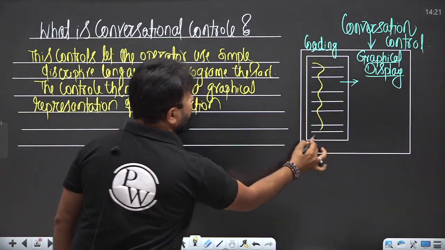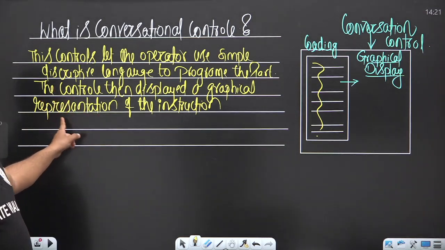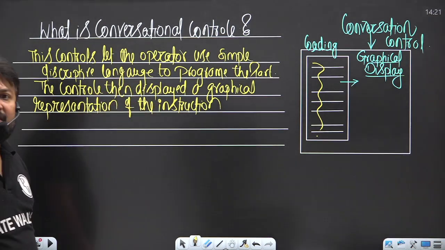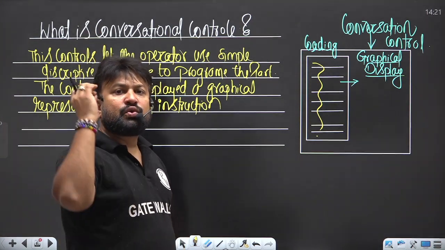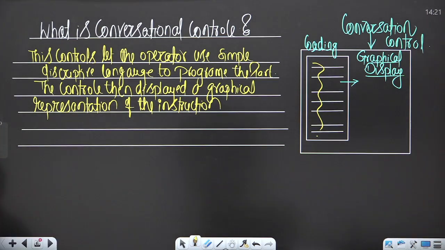Whatever instruction you have written is going to be converted into the graphical way, a graphical representation of the instruction, so that the operator or programmer can verify the tool path. Is that clear? This is the basic concept.